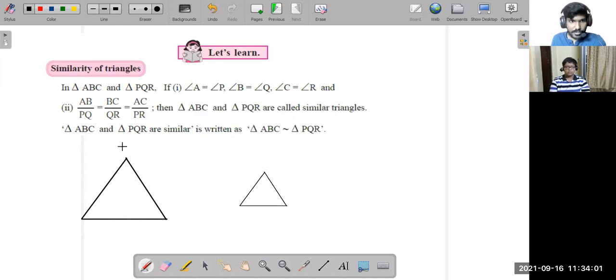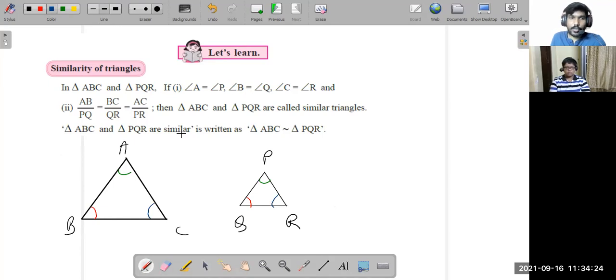Okay, suppose this is triangle ABC. This is triangle PQR. So for ABC and PQR, if the angles are equal to each other, angle A equal to angle P, angle B equal to angle Q, and angle C equal to angle R.